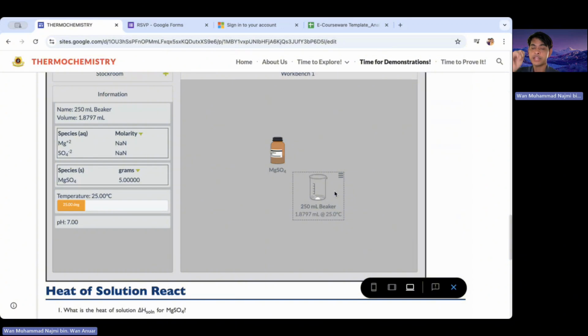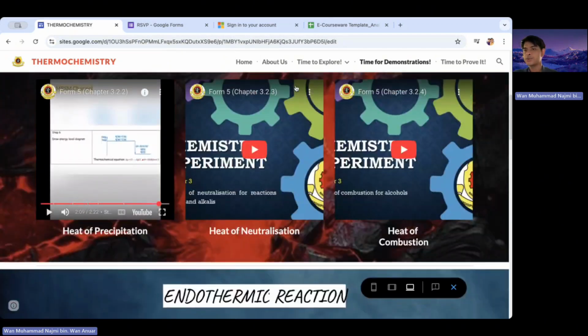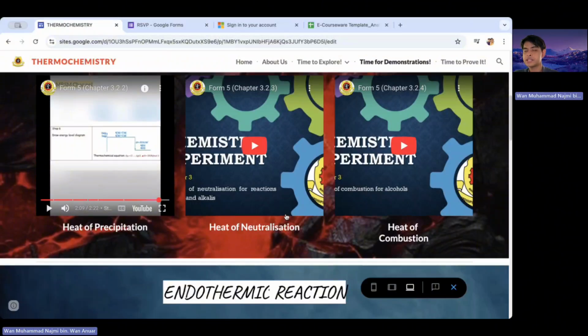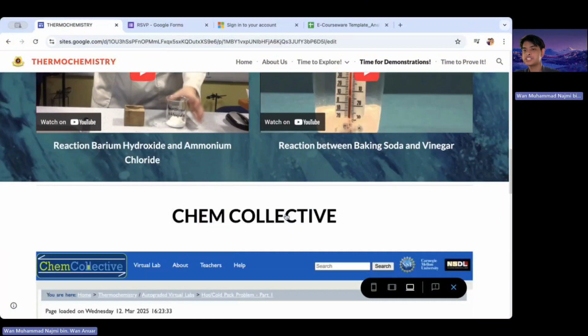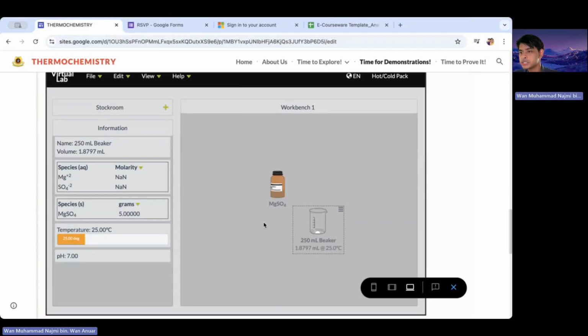magnesium sulfate. Then you will proceed with the next step that you have learned in the video above. It is basically just the same. The procedure, the apparatus and the materials are going to be the same. It's just that in this part, you can do the experiment virtually.